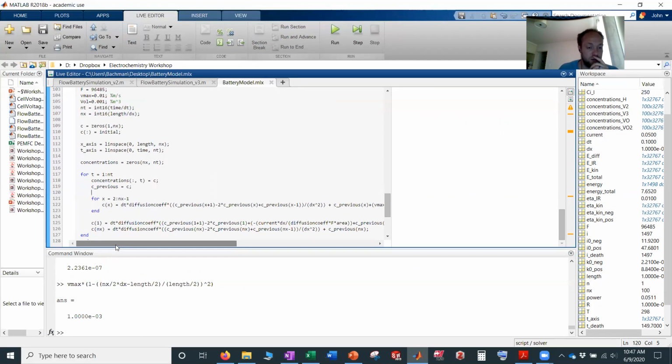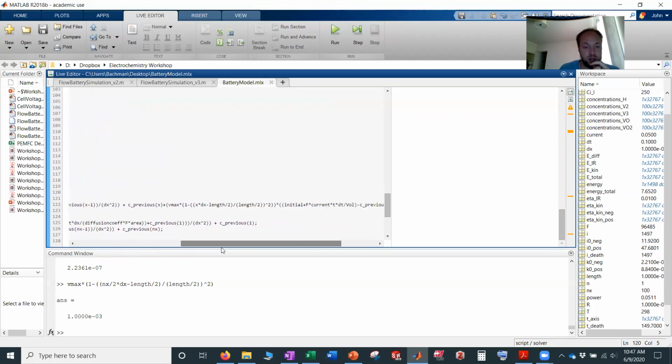Let me think about whether we're missing a term here. So we have velocity times these two, so we have volume flow rate. This needs to be on a per volume basis.